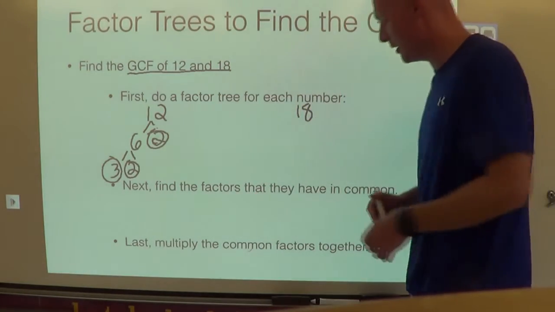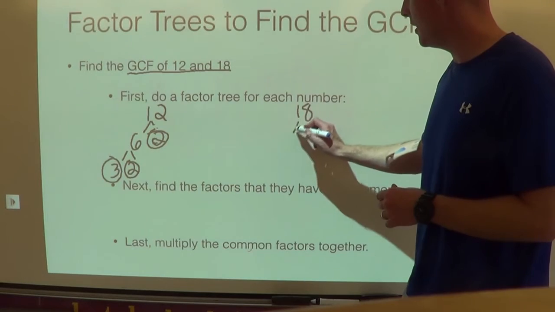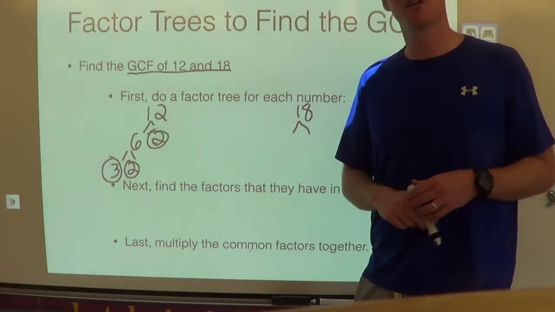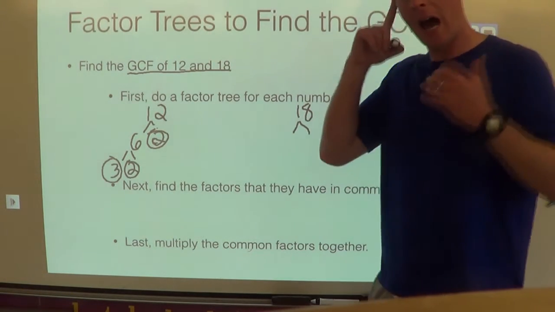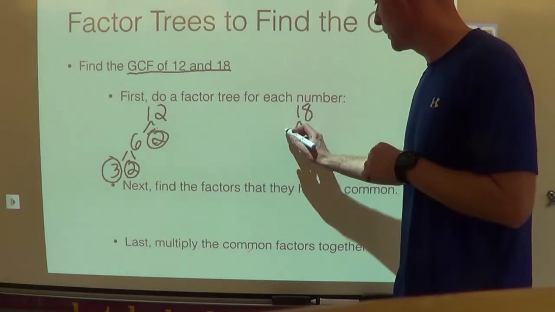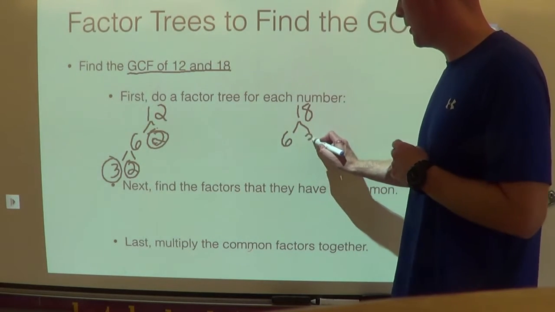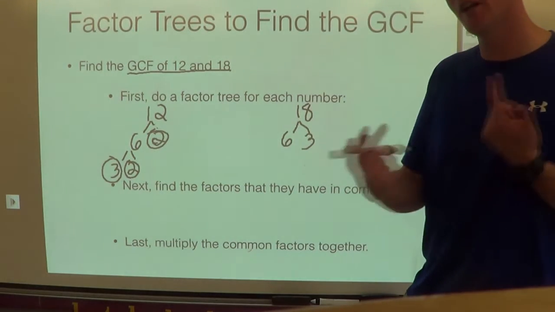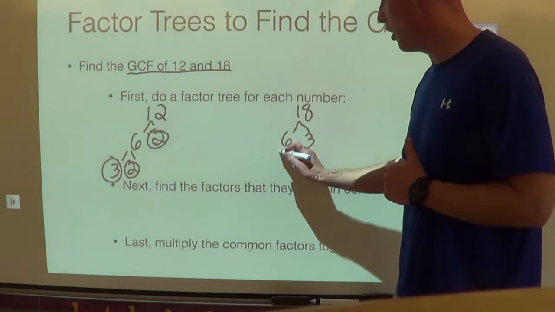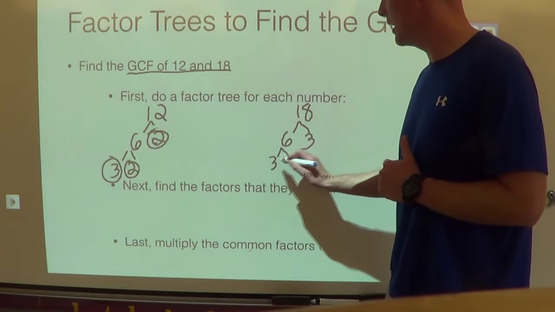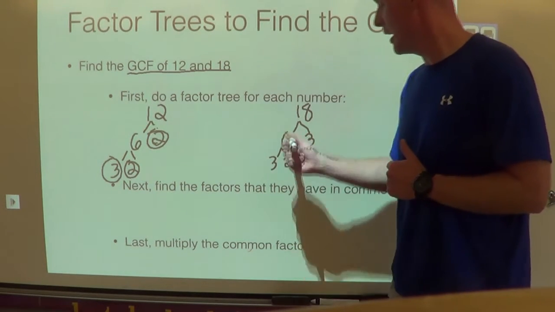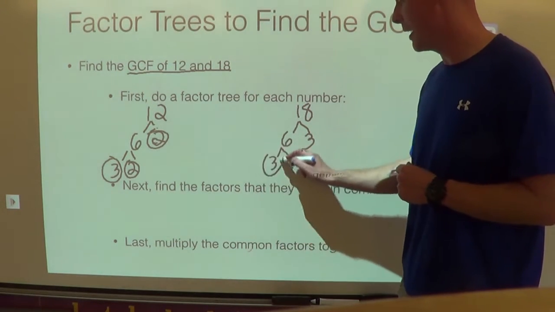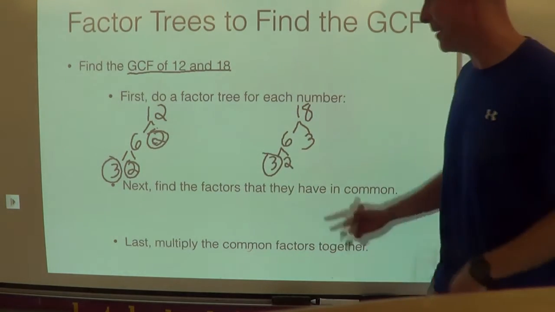Awesome. Let's move to 18. Over at 18, two numbers I can multiply to get 18. I thought 6 and 3. Perfect. So now let's move to my 6. Are there two numbers that I can multiply to get 6? There are, 3 and 2. Coming down from that 3, we know we can't go further on 3. It's got to stop.